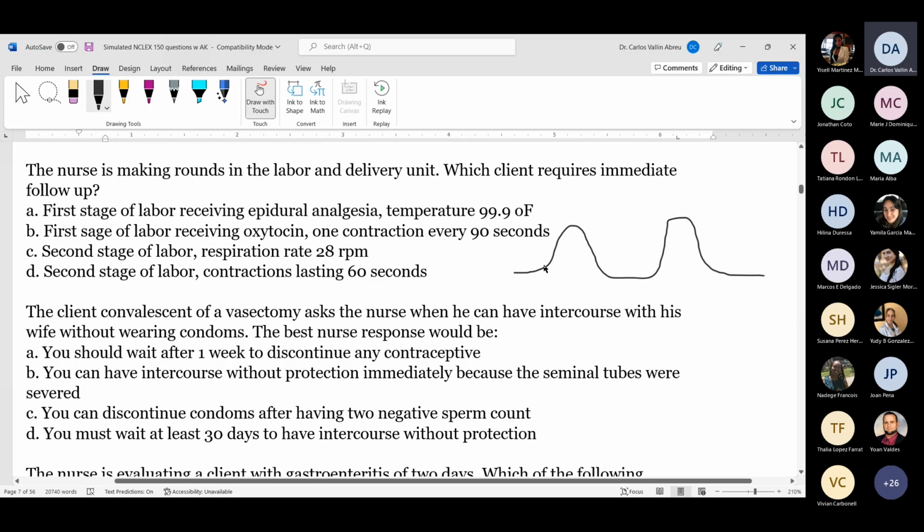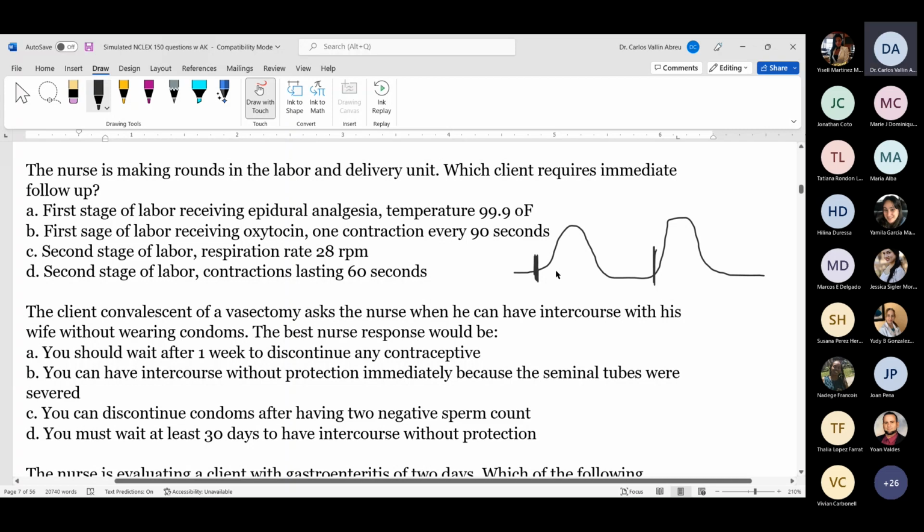The frequency of the contraction is measured since the beginning of one contraction until the beginning of the next contraction. Let me explain. You can measure that with just a watch, with a second hand.